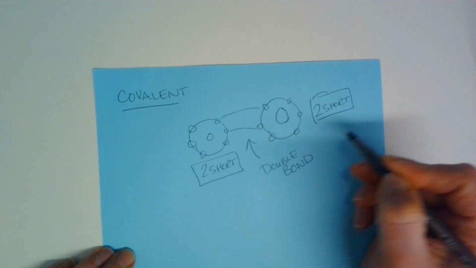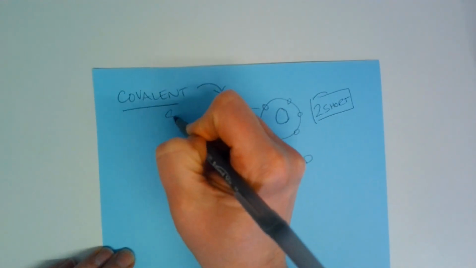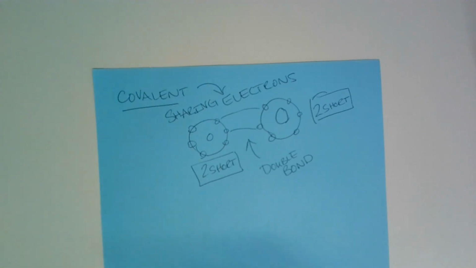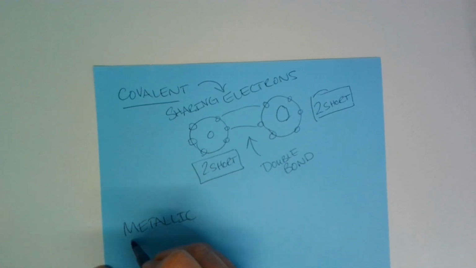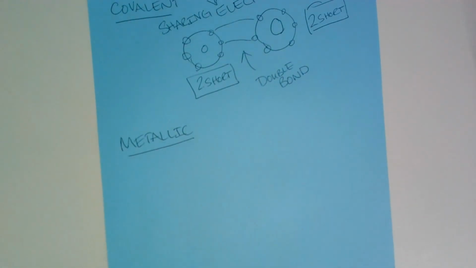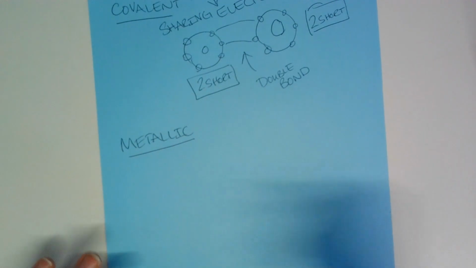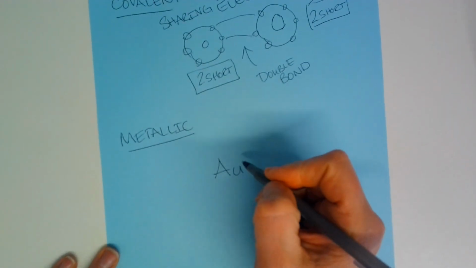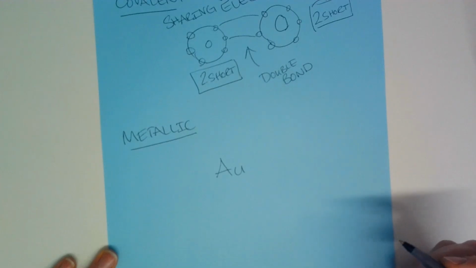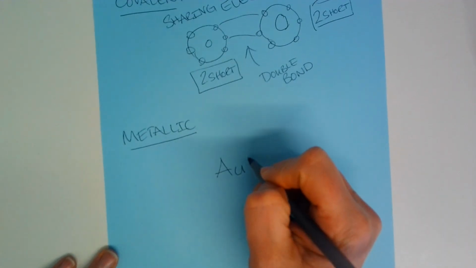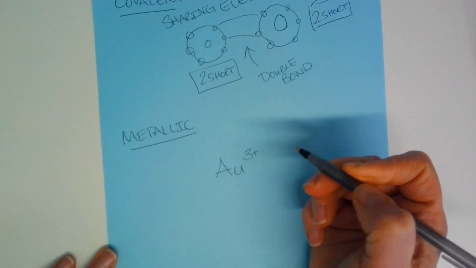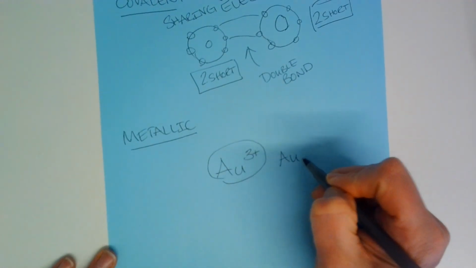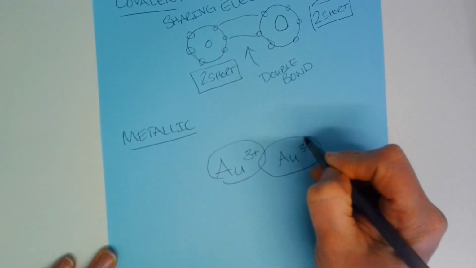It is also sharing electrons. Like I said with metallic bonds, that is metals just hanging out. So let's do gold. Gold, it has a 3+ charge. But sometimes it just hangs out with other gold.